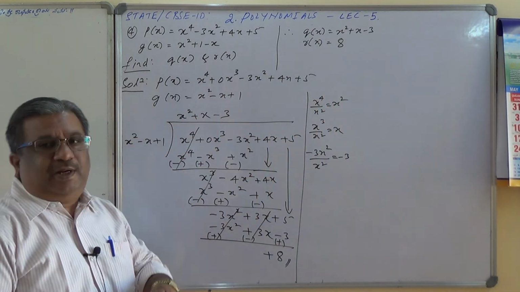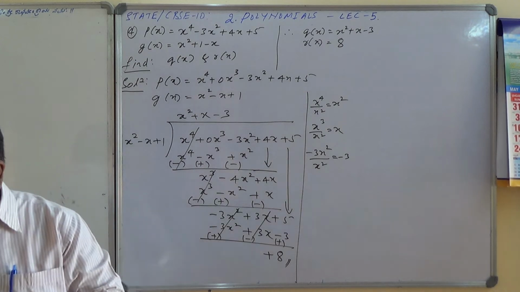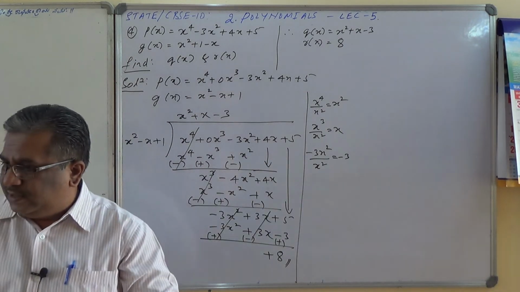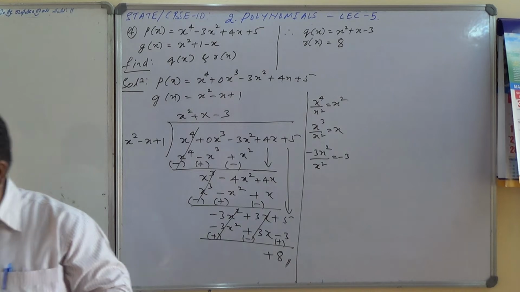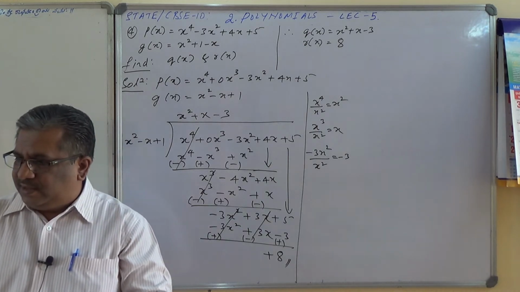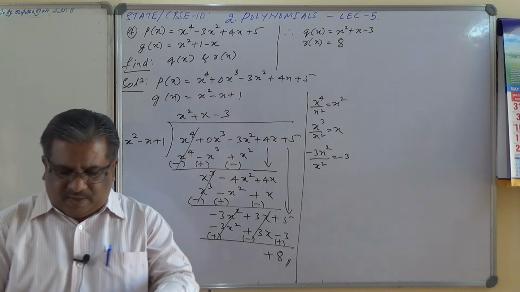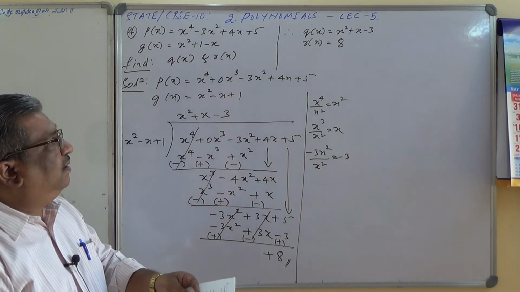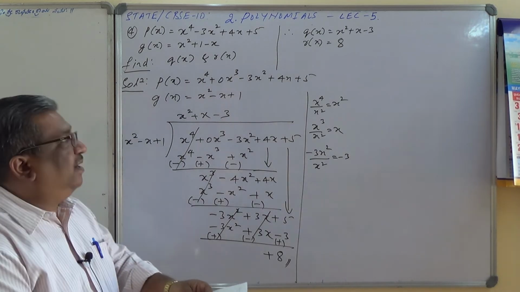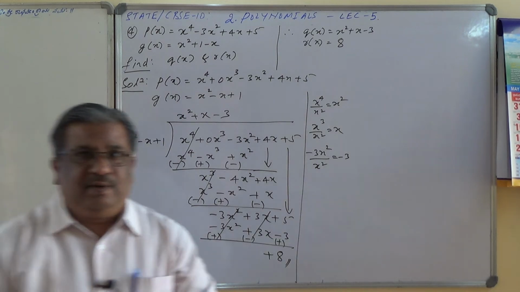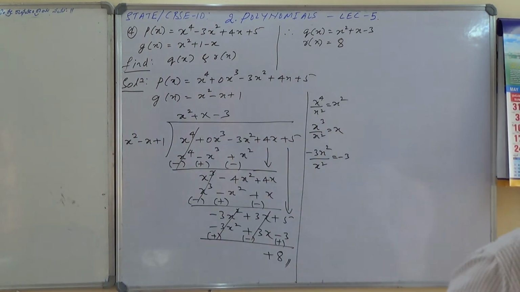Is it not a constant polynomial? Yes, it is a constant polynomial. So let me check the answer for this. This is exercise 2.3, first one, second one. x square plus x minus 3 and 8 is the remainder. It is correct. So note it down. I will take up the next question.